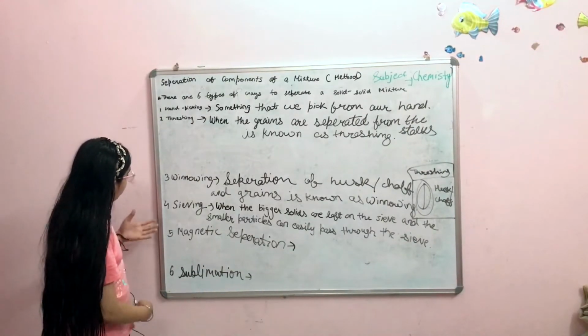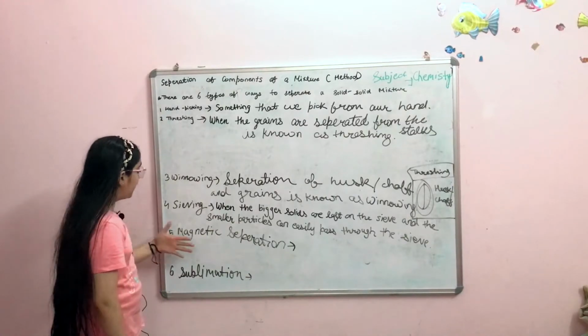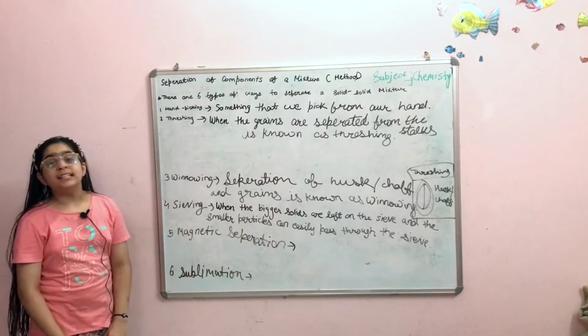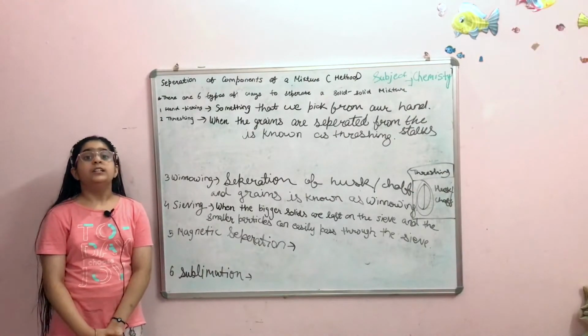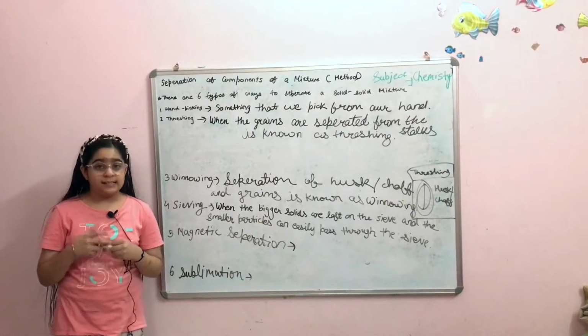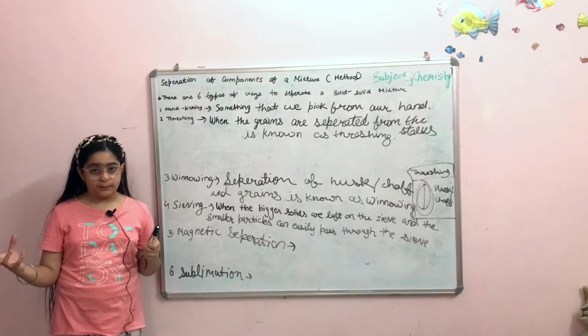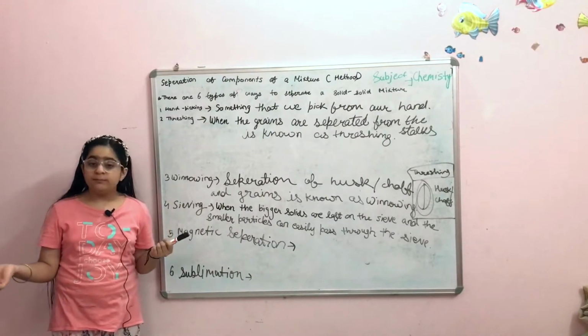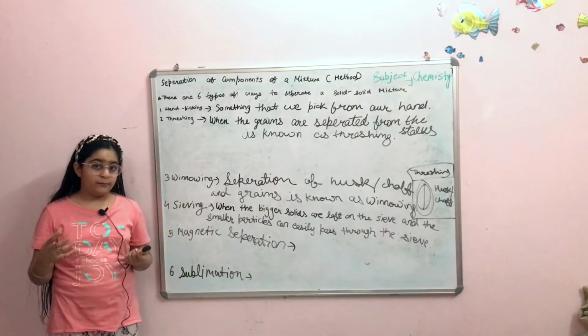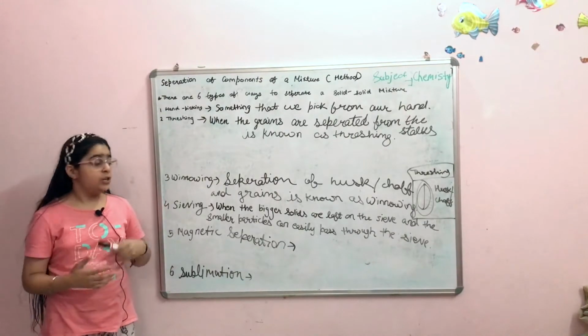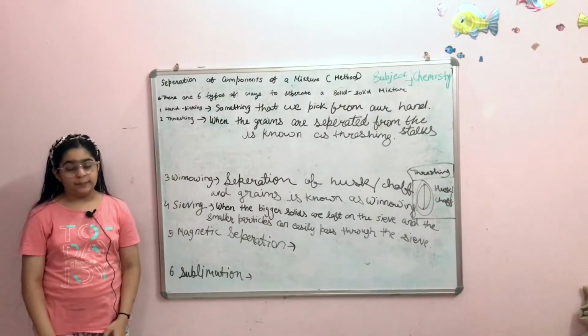So now our next point is number 5, magnetic separation. As the name says, separation by a magnet. So if we mix sulfur and some iron filings, for example iron nails or something made up of iron, we can use a magnet to separate the iron filings mixed in the sulfur. So this process is known as magnetic separation.